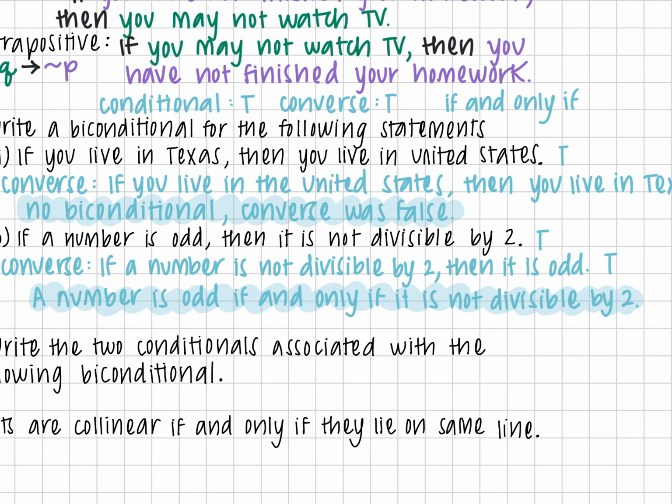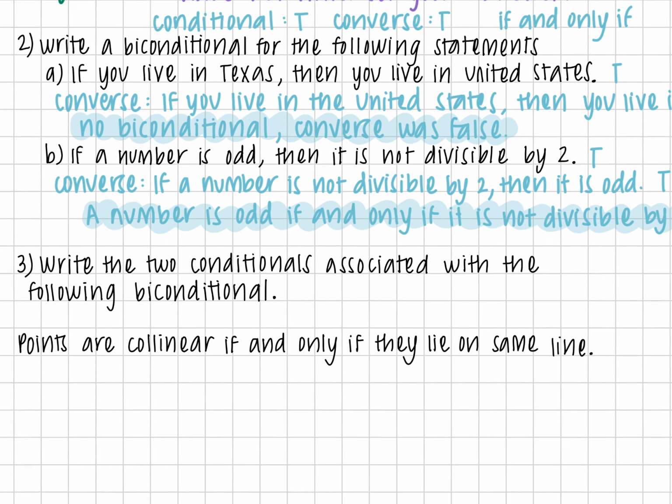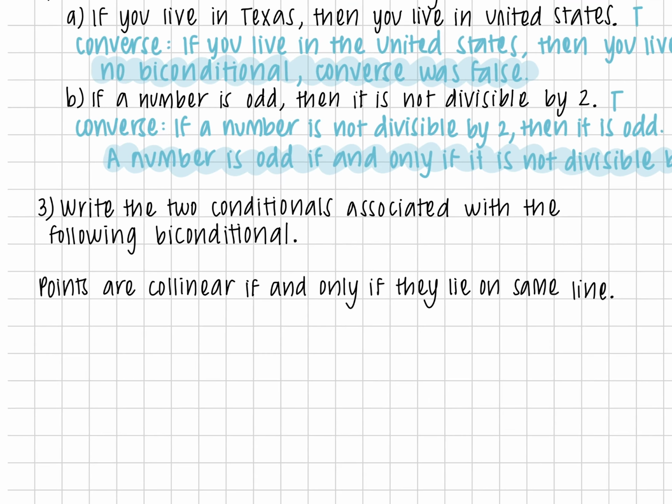And that actually kind of leads us into our next problem down below, where they're kind of asking us to do exactly what I just talked about. They are going to ask you to write the 2 conditionals that are associated with the following biconditional. So remember, even though it says conditionals, you want to think about what 2 sentences do we need in order to write a biconditional.